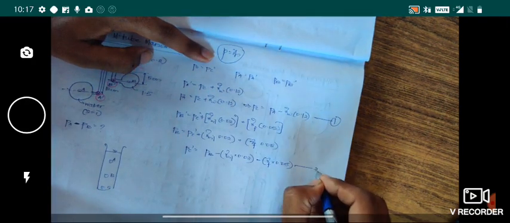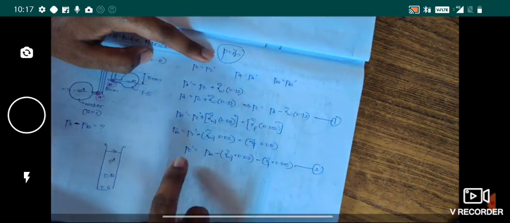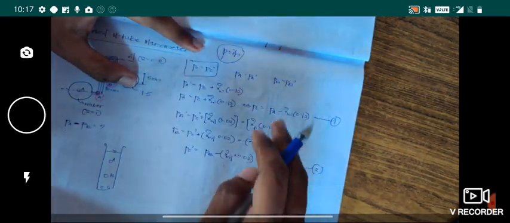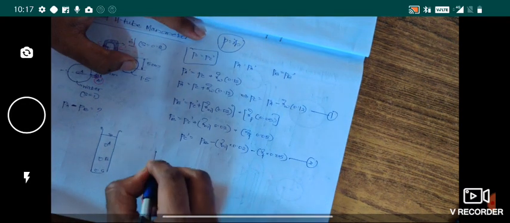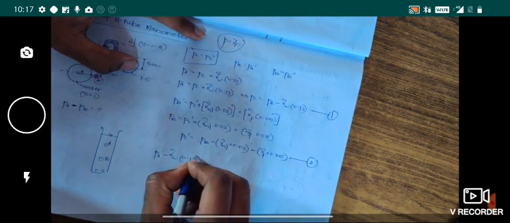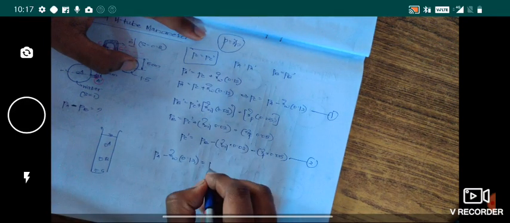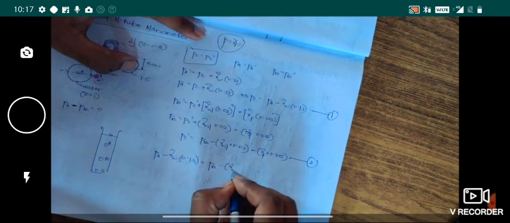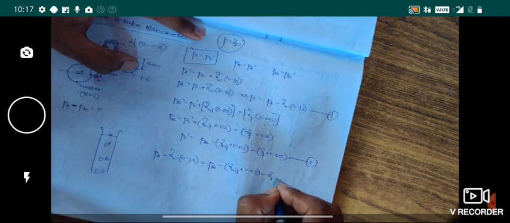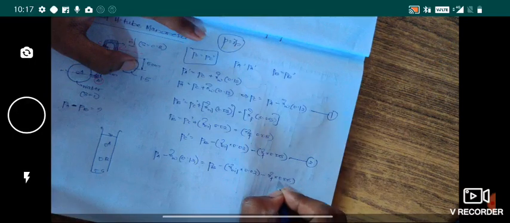So this is the second equation. This is the equation for PC, this is the equation for PC dash, but we know that both are same. You can equate these two equations. So you can write PA minus gamma W into 0.12 is equal to PB minus gamma oil into 0.02 minus gamma F into 0.05.